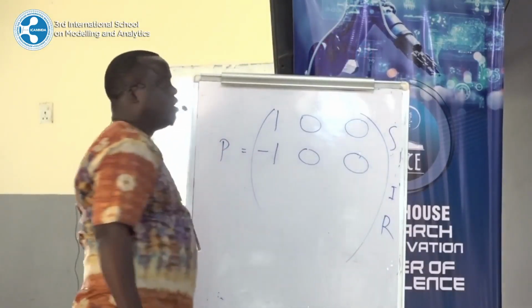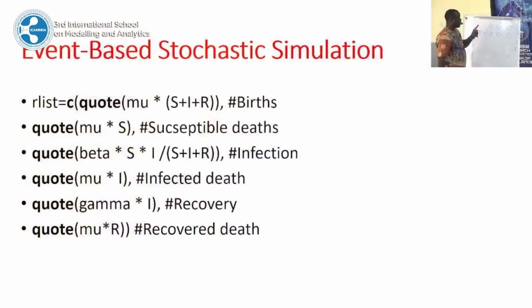Then the next one: something is going out of S, coming into I, so you have -1, 1, 0. Then the next one, nothing is happening here.